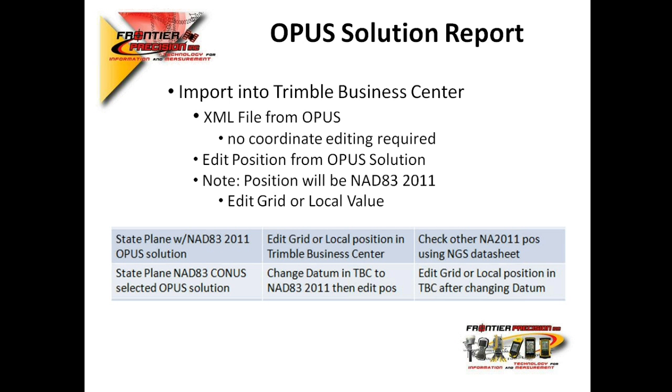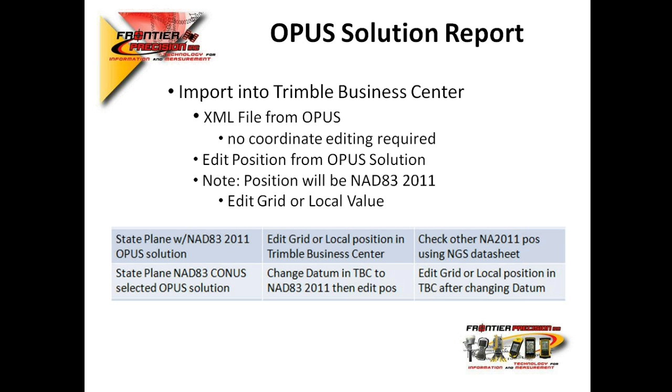So the second option to bring in an Opus solution is to edit the position manually. You can go ahead and open up the point properties just like Brian had done in TBC before and type in the real coordinates. However, you need to make a note here to yourself that if your project is set up for state plane NAD83 2011, as Brian demonstrated in Trimble Business Center, you're editing either the grid value or the local value.